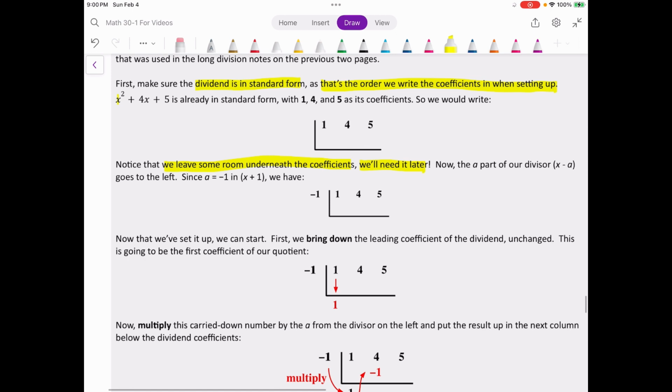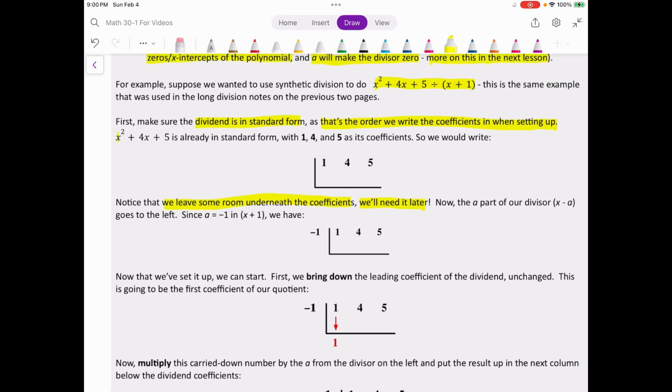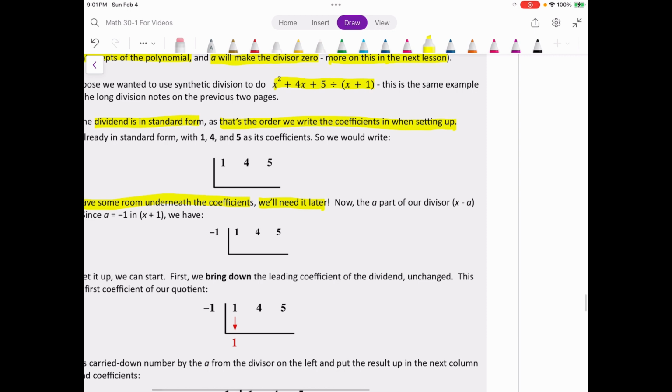Now, what's our divisor? Our divisor is x plus 1. Again, because we're thinking of this as like a potential x-intercept, we're going to always think of that as x minus a. So if x minus a is x plus 1, what is a?